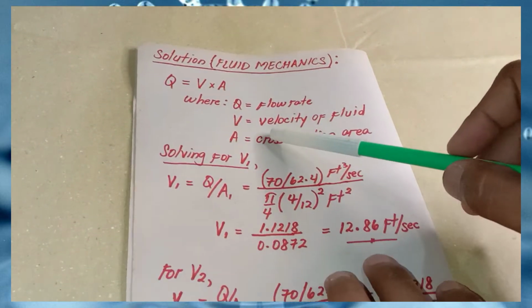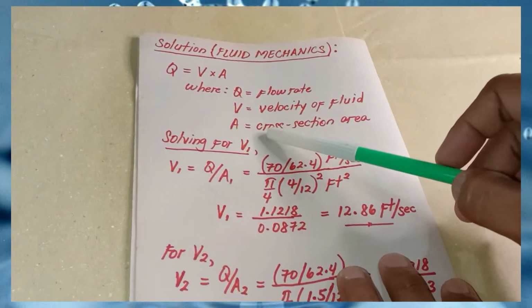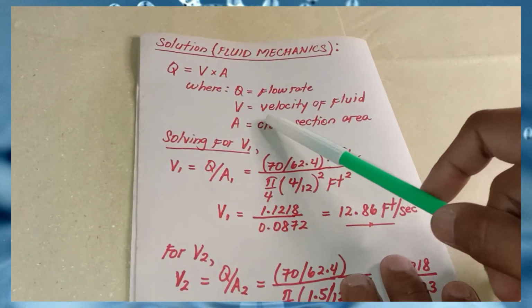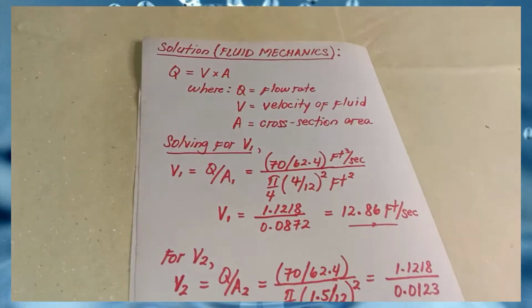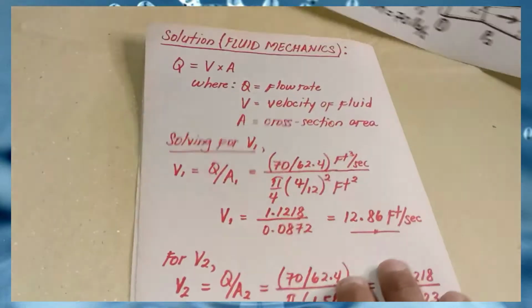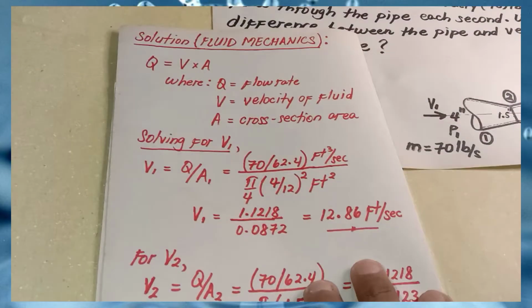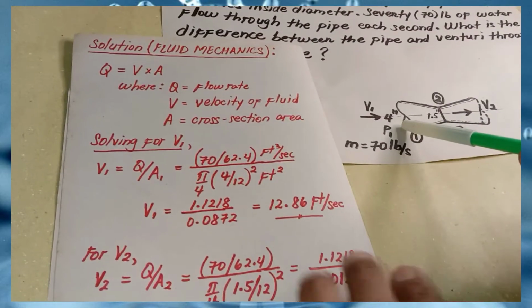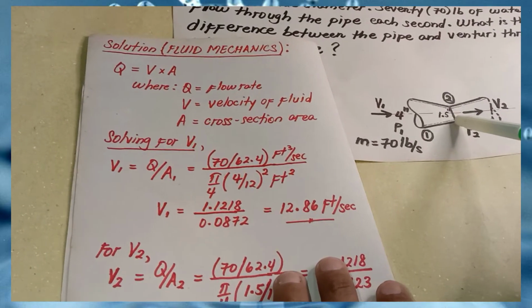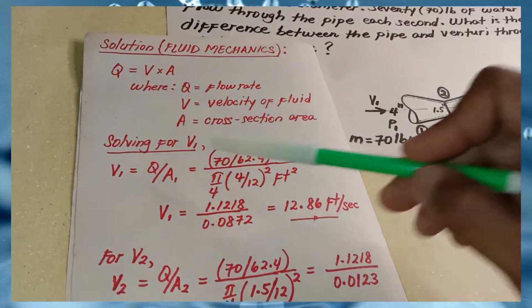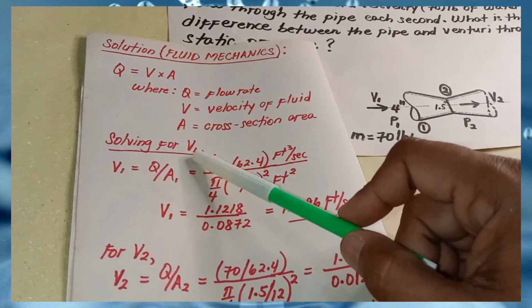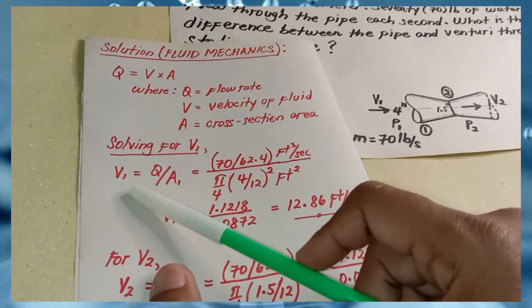Okay, now to proceed, we need to solve first the initial velocity of the liquid before entering the throat of the Venturi. So we represent this as V1.